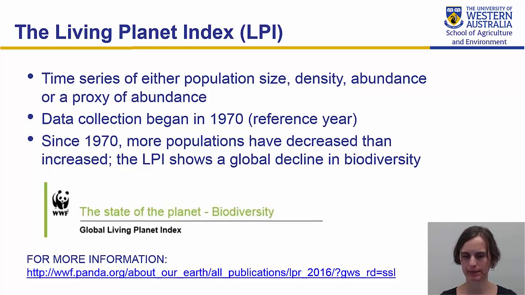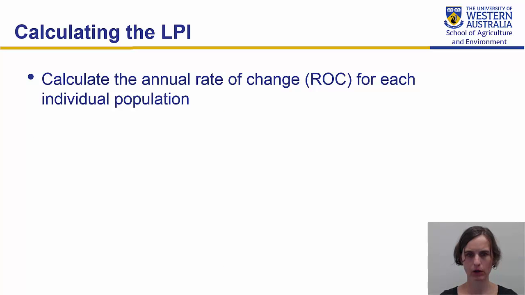So how is it calculated? This Living Planet Index works as follows. They first look at the annual rate of change, which I call ROC, rate of change, for each individual population. So individual population of a vertebrate species.